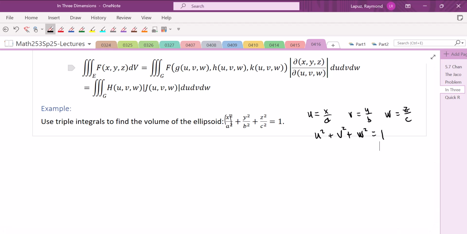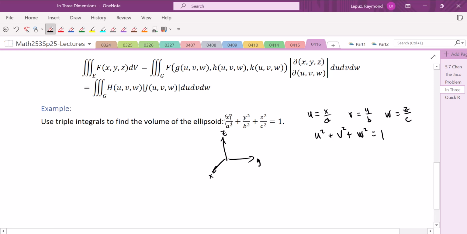What does that mean? That means you're starting off in XYZ space with an ellipsoid.